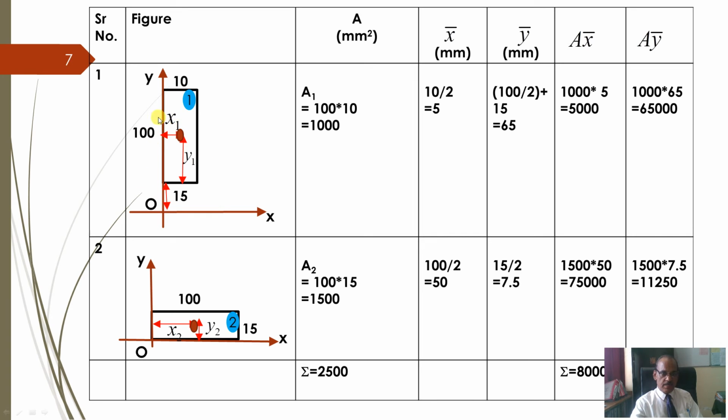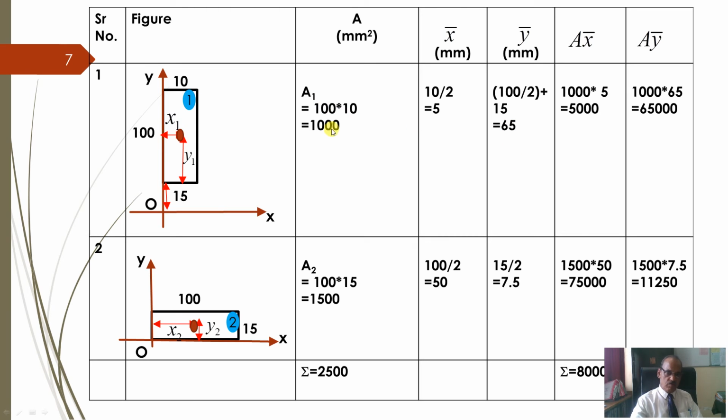What is the area? 100 by 10. Now what will be the x coordinate? The centroid of the rectangle is this. If I draw a vertical line, it will intersect at a distance of 10 by 2, so the x coordinate is 5. For the y coordinate, the distance is 100 by 2 plus 15, so the y coordinate is 65.